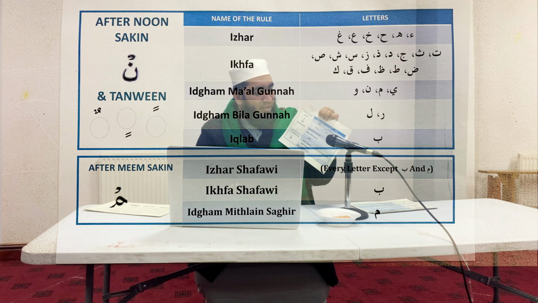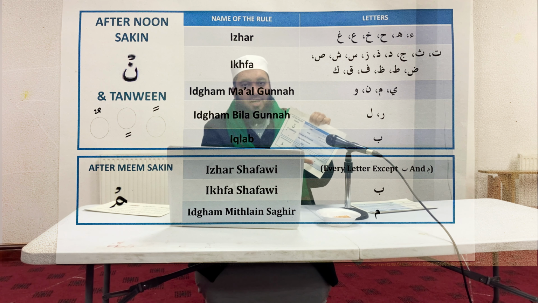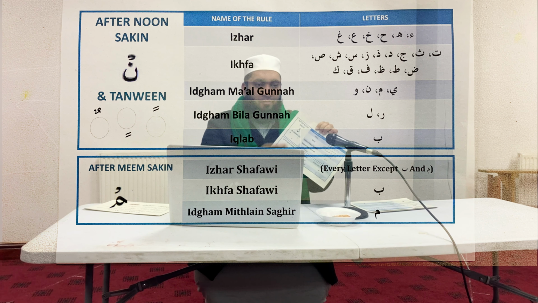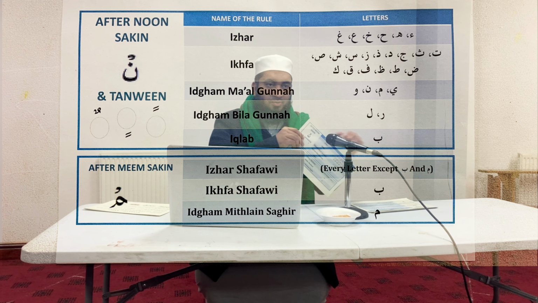And if we find a nun sakin or tanween and the letter ba after it, we need to change it and make it iqlab. We don't leave the nun sakin or tanween as it is. So it is ba, iqlab.